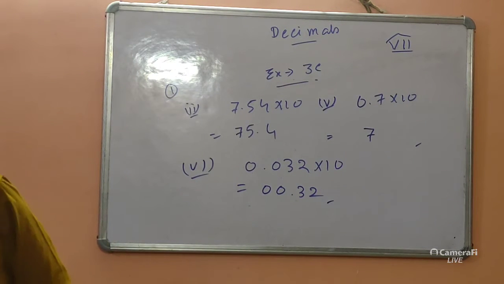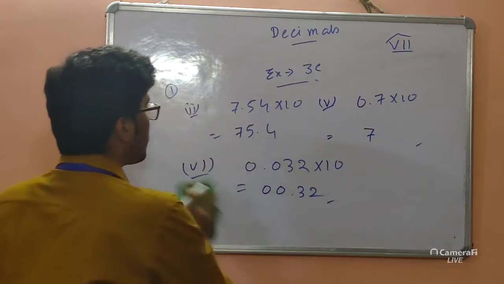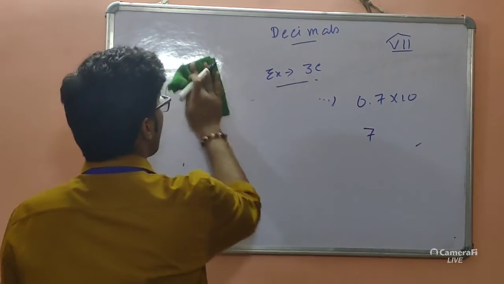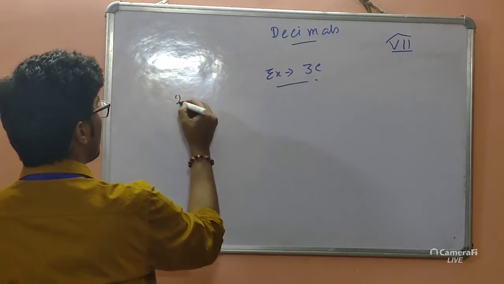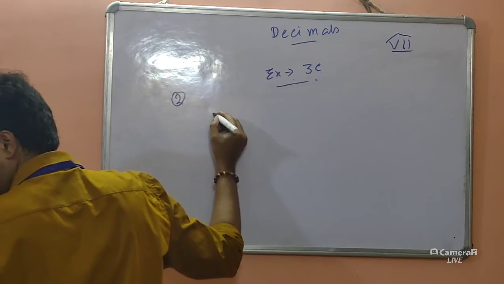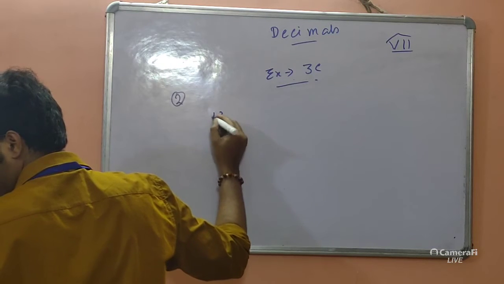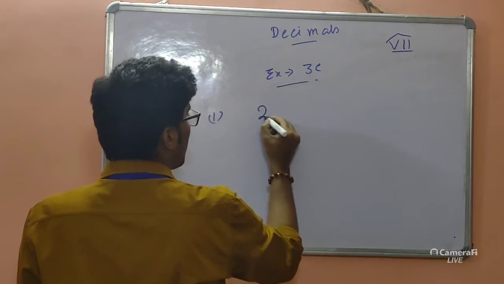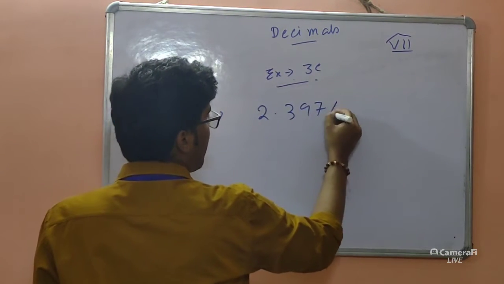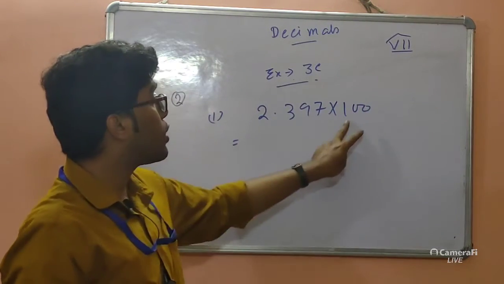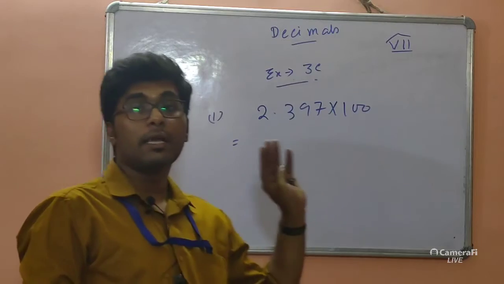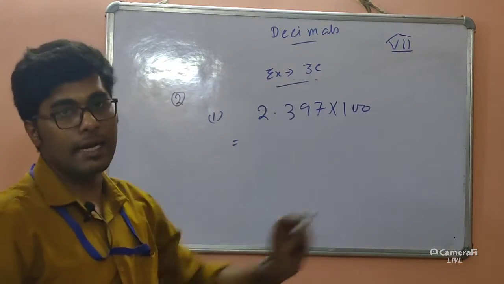Let us do the next one. Same way we will do question number 2. Same process. Suppose we are doing 2.397 multiplied by 100. How many zeros are there? 2 zeros are there. The point will shift 2 places rightwards.